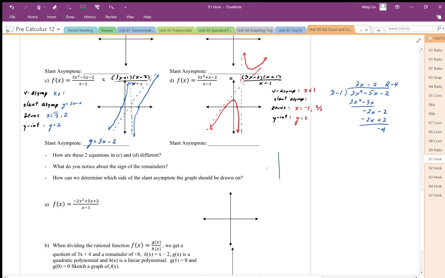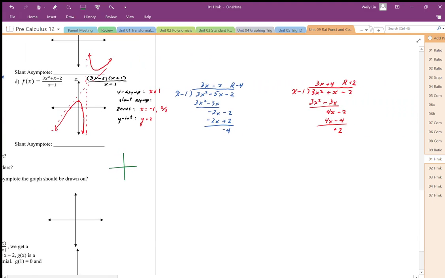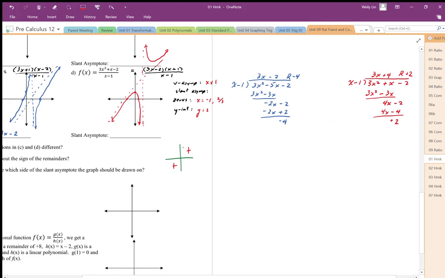If I have a positive remainder, so in the case of red, I have a positive remainder over here, we end up along the positive diagonal. The graph ends up along that diagonal with positive slope. So if I go across the diagonal there, that line has positive slope.